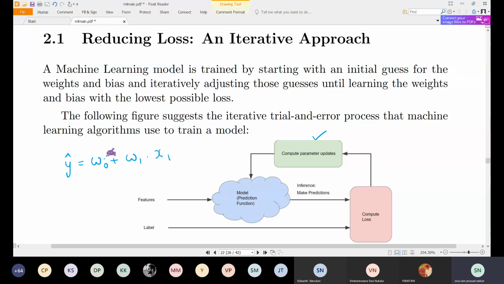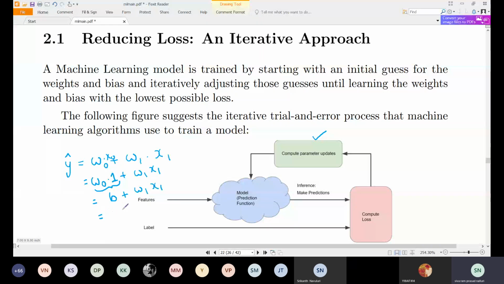And we all know that x naught is nothing but 1, so w naught into 1 plus w1 x1. And for the time being, this w naught into 1 is nothing but bias, so b plus w1 into x1. Okay.